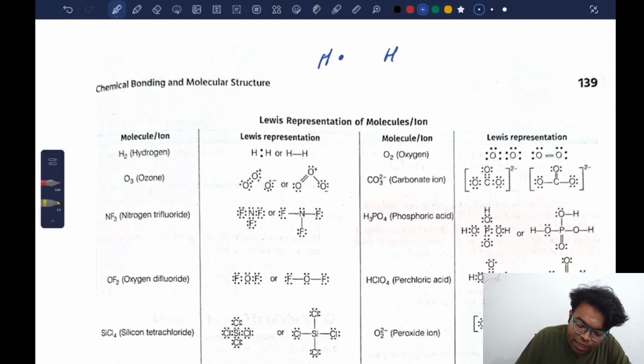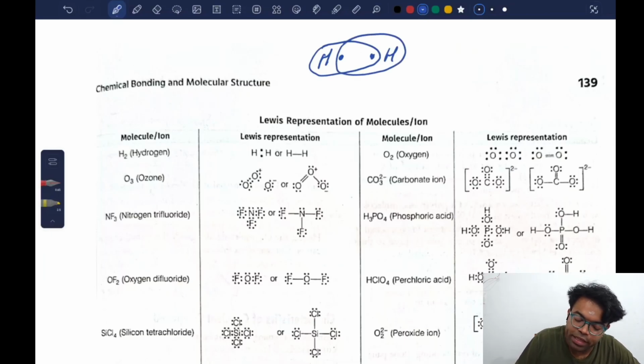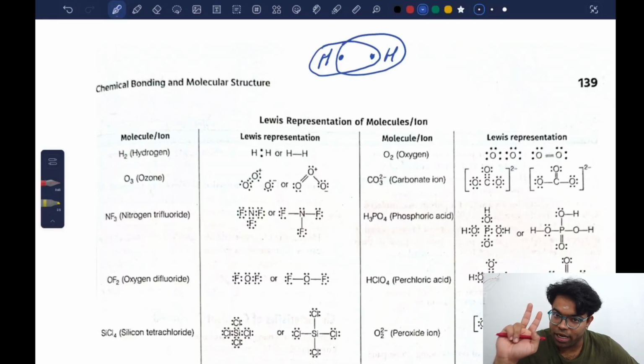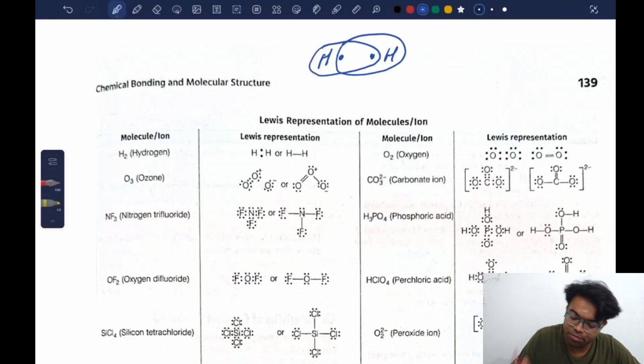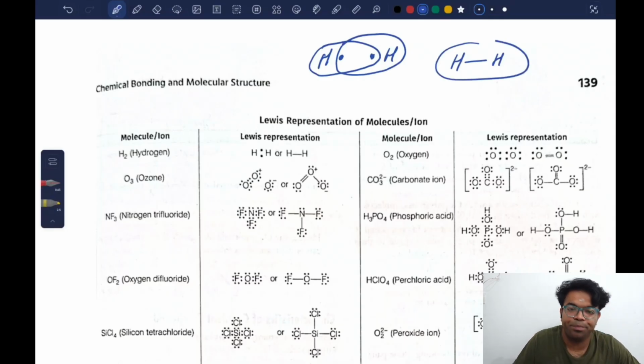This is the electron of this hydrogen, this is the electron of this hydrogen, and therefore this hydrogen atom is going to share these 2 electrons with this hydrogen atom. Therefore we can see clearly that 2 electrons are being shared between these 2 hydrogen atoms, so they will form one single bond between them. Since 2 are being shared, they will form one single bond.